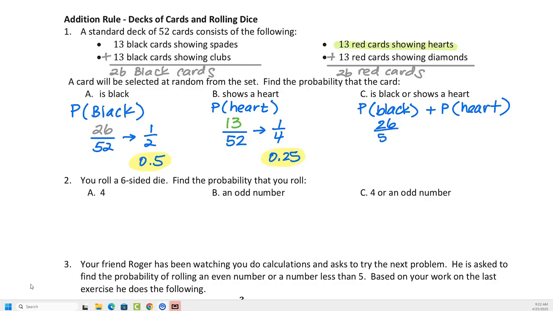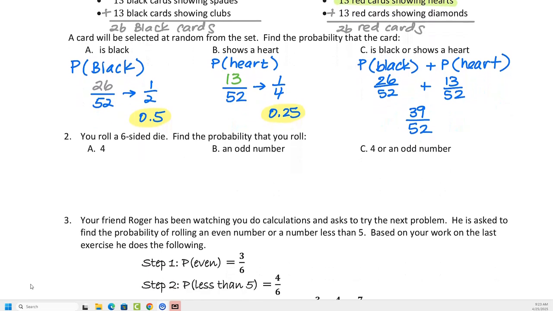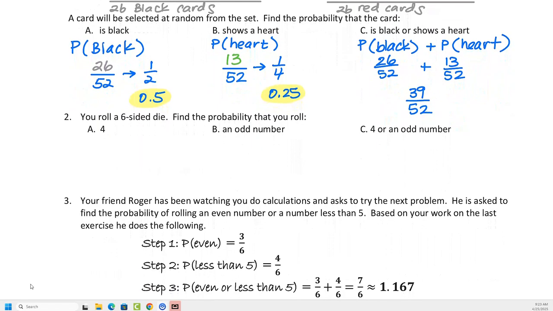That was 26/52. And the probability of a heart was 13/52. If you add those together, you get 39/52. Notice that there's no overlap here between black and shows a heart, is there? There's no hearts that are black. Is that clear? So it's allowing us to do something kind of special here.